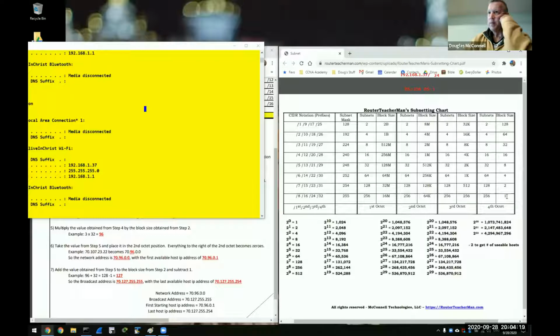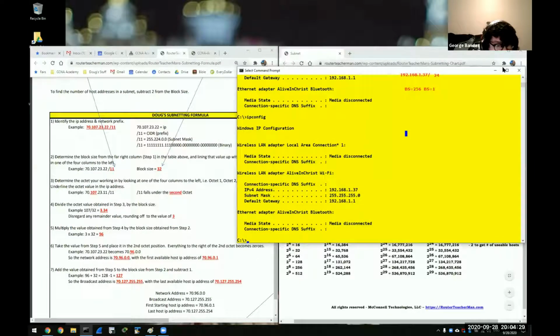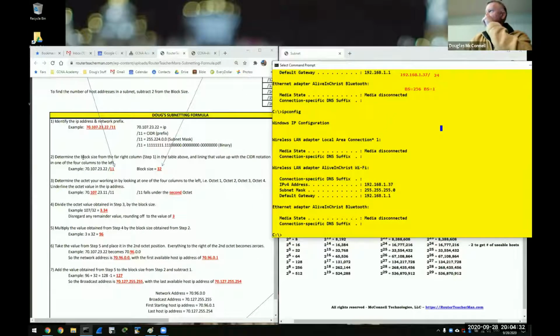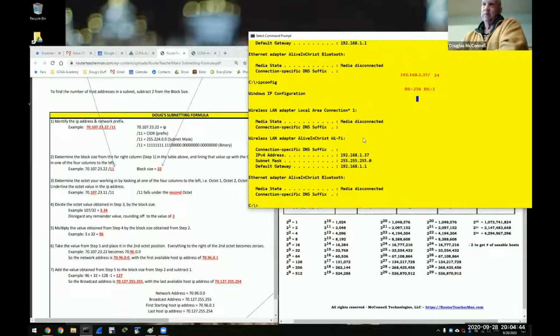Yeah, I thought we did that step 3, not step 2. No, it's step 2 that we go to the far right. Block size from the far right column. Right? It's tricky, doesn't it?